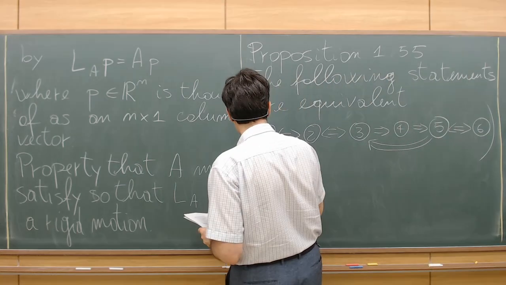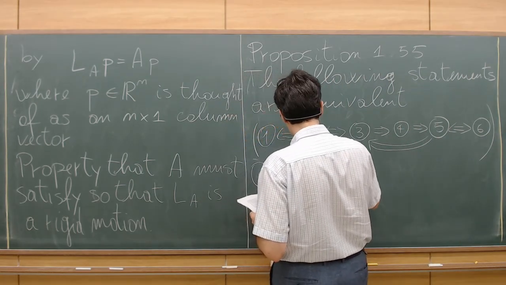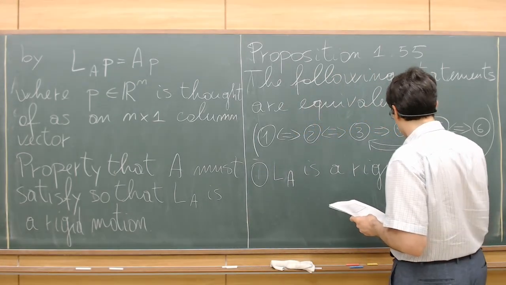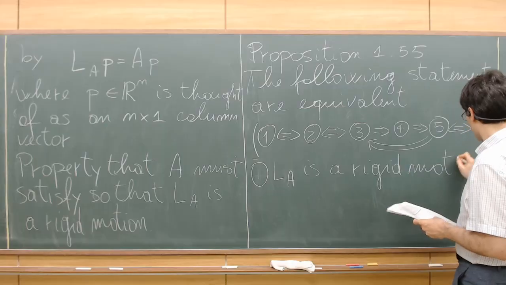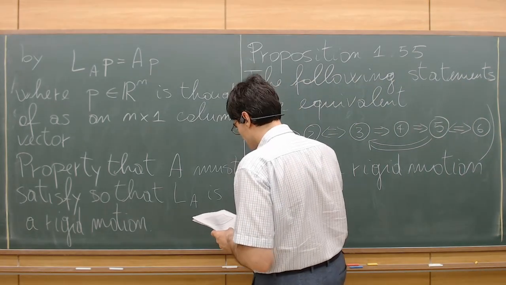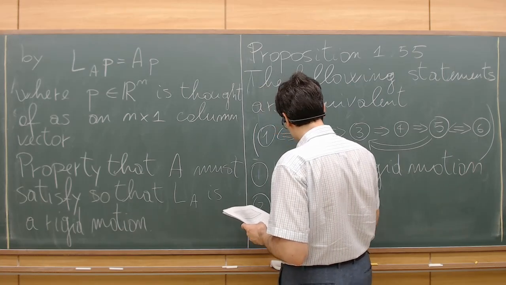So what is the statement number 1? The first one is LA is a rigid motion. And what is the statement number 2? Number 2 is the following: A is orthogonal.